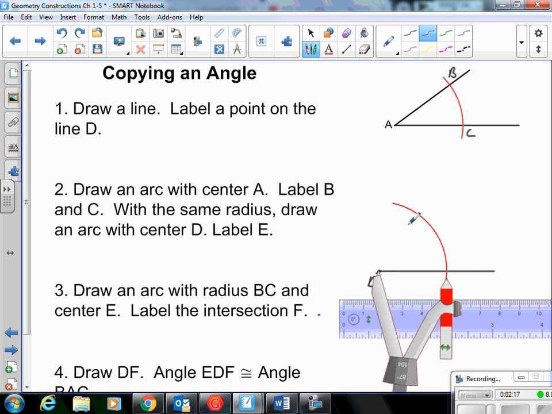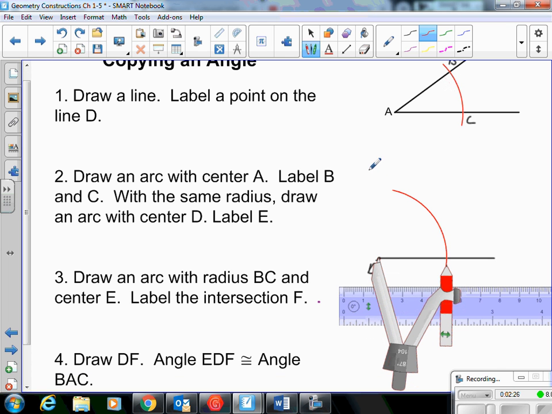And when you make this arc, make sure you're making it a little bit bigger than this arc, just to make sure that it works for you. So that's going to be point E there.